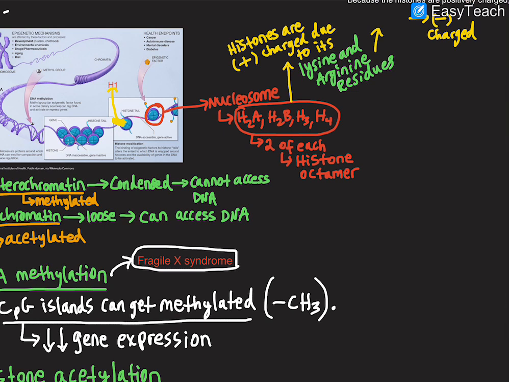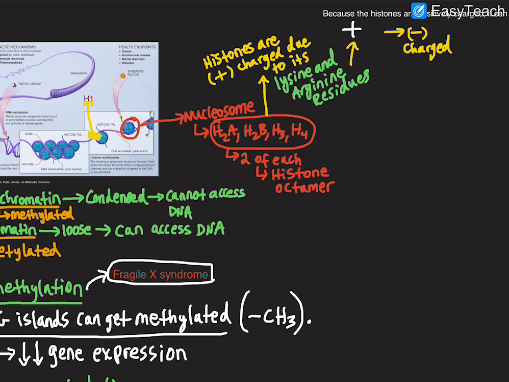Okay, so let's write that down. Lysine and arginine are positively charged, which means that positively charged things like negatively charged things. So opposites attract. That's why histones can very easily bind with DNA, because DNA is negatively charged.